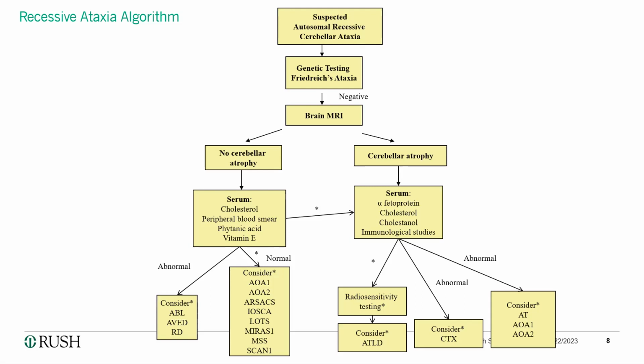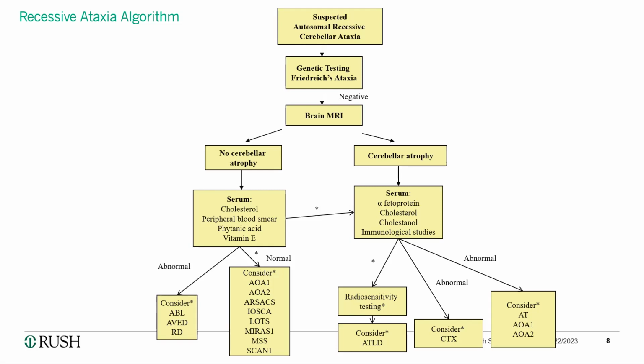You can look at a peripheral blood smear for some of these disorders, vitamin E levels, alpha-fetoprotein for ataxia telangiectasia. You may do immunological studies for some of these disorders. And if you catch something that's abnormal, it will again narrow down the list of disorders you're going to be looking for. Almost all the disorders on this slide, actually all of them, are genetic disorders. They're all abbreviated. So for example, AOA is ataxia with oculomotor apraxia.